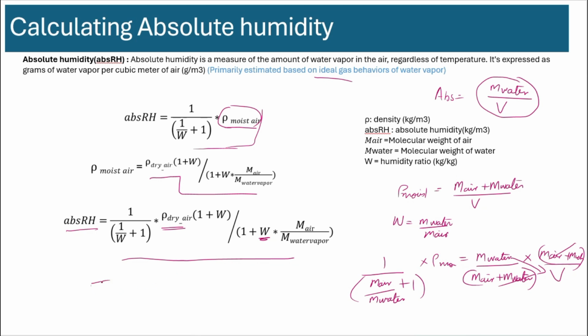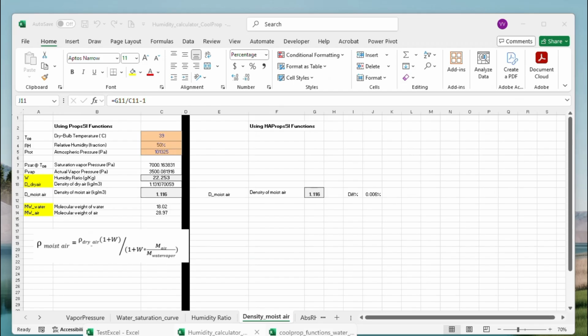So again, we only need the dry bulb temperature, relative humidity, and the total pressure to calculate the density of dry air and also W. And all of these values can be calculated based off of that. So let's look at the Excel file.